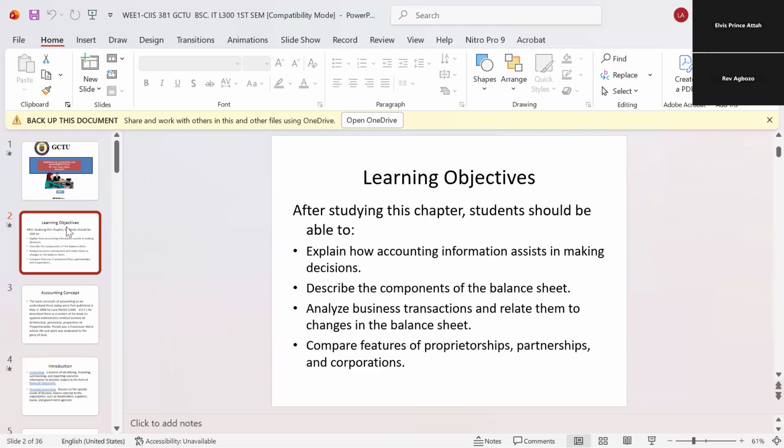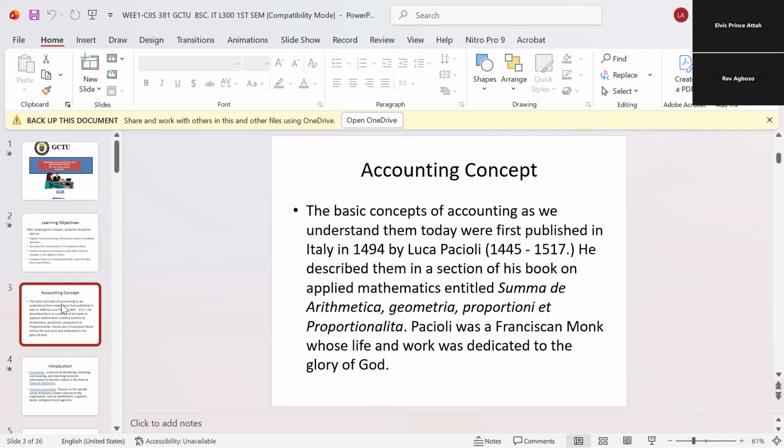So we say type of business we are talking about: proprietorship, partnership, and then corporations. And then also to know the background of financial statements, such that when you see a financial statement, you can understand it.